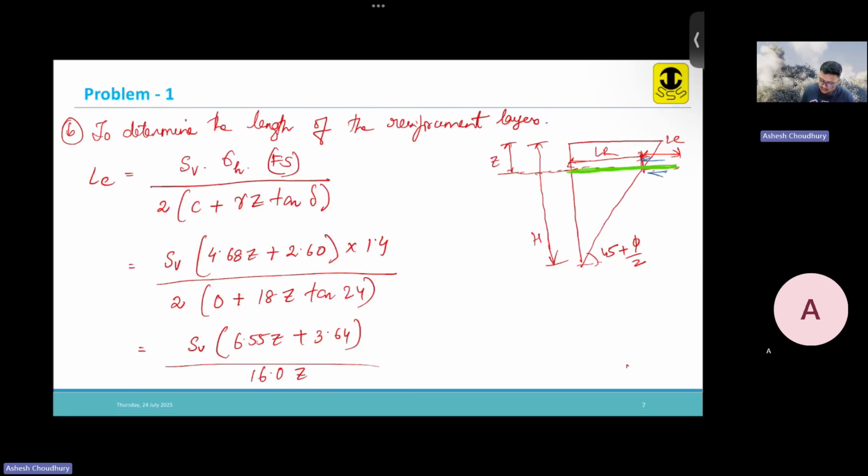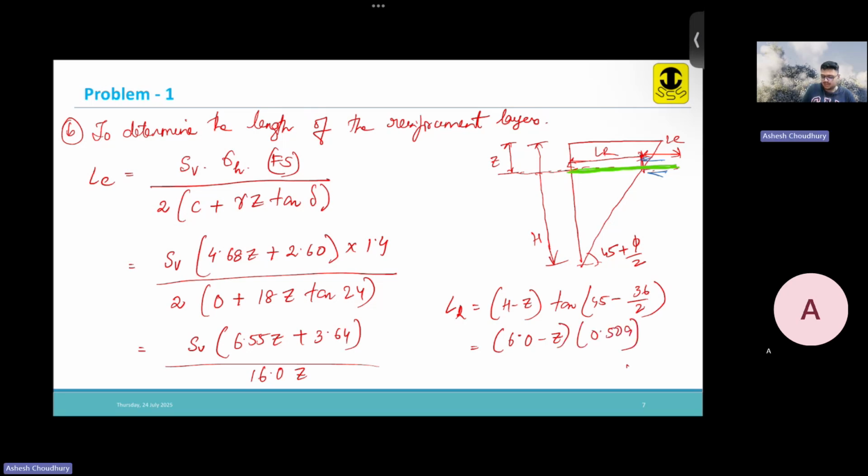So L you get like this, and LR, as I said, you directly get from the geometry. How? H minus Z, then 45 minus 5 by 2, that is 36, 6 by 2, so 6.0 minus Z, into 0.509.